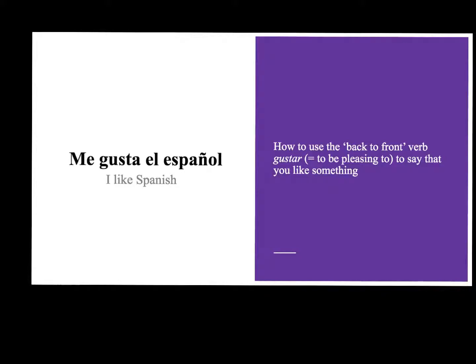That's because the Spanish is literally saying, as we shall see in just a moment, not I like Spanish, but Spanish, it is pleasing to me. The verb gustar means to be pleasing to, and it works, we sometimes say, back to front. Spanish is pleasing to me.